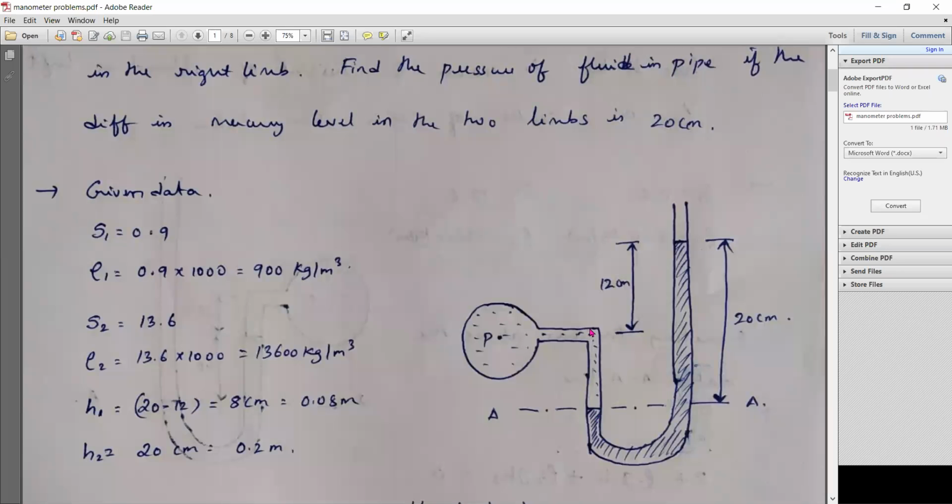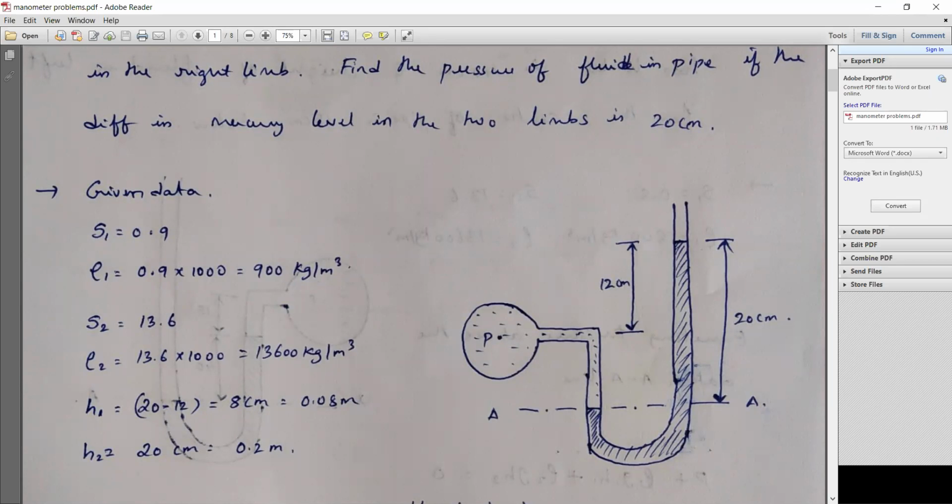What is the formula to calculate the pressure of this head? This length of water or some fluid is there. The general formula is P equals rho G H.